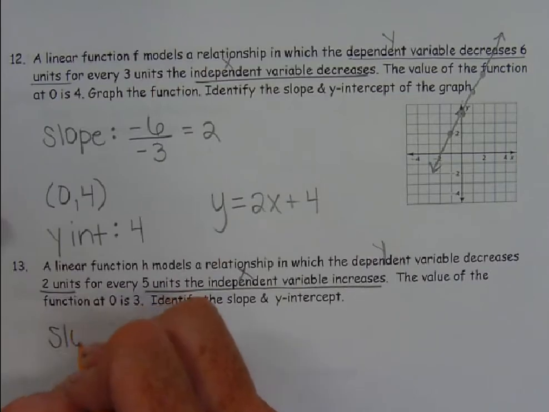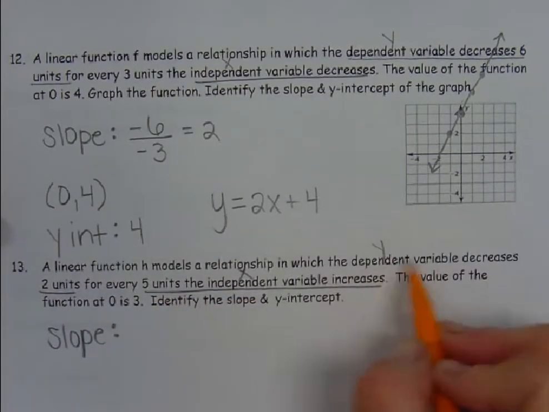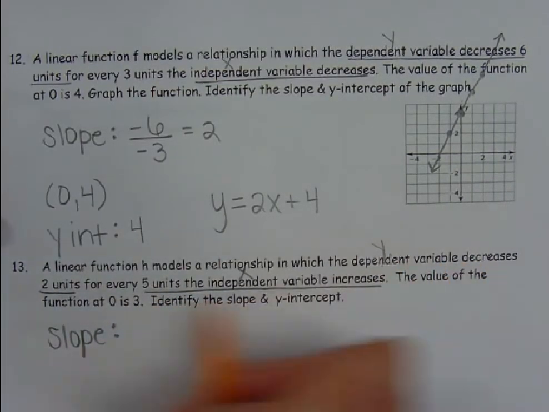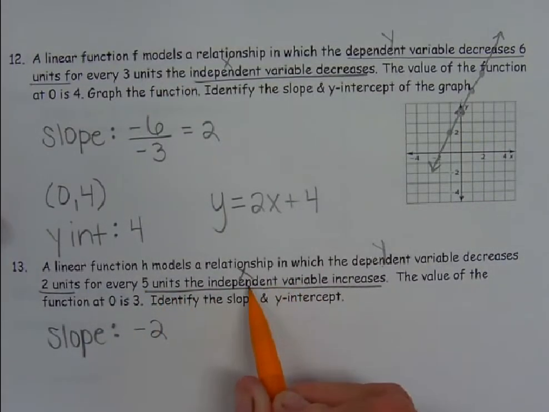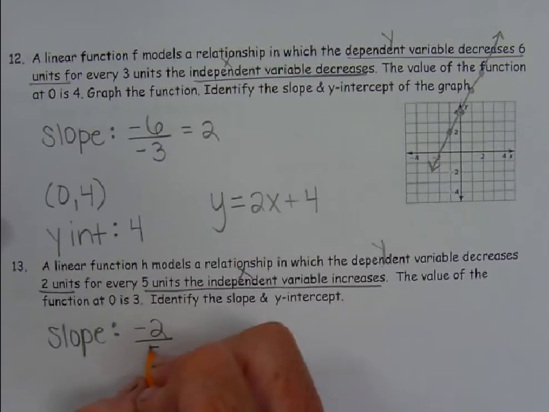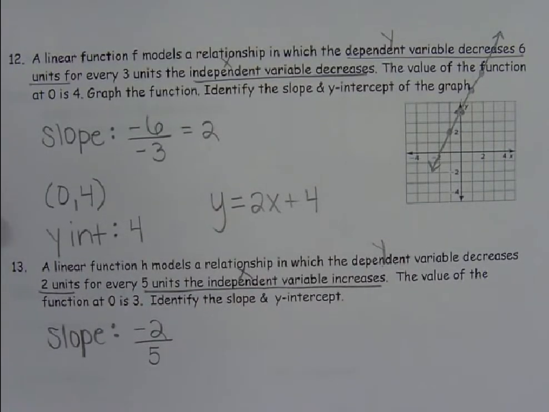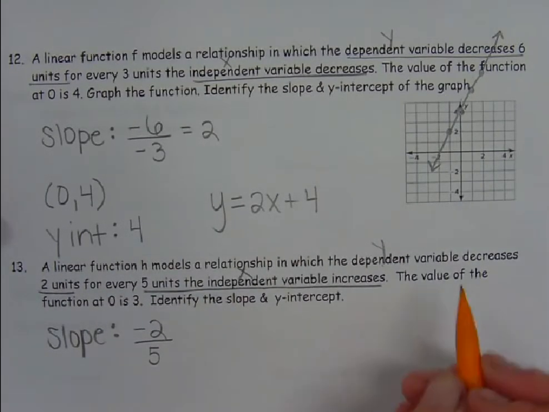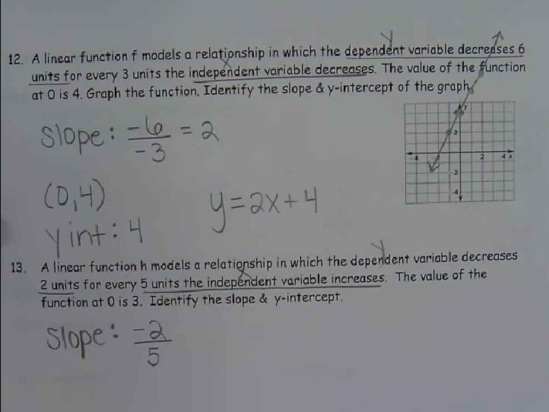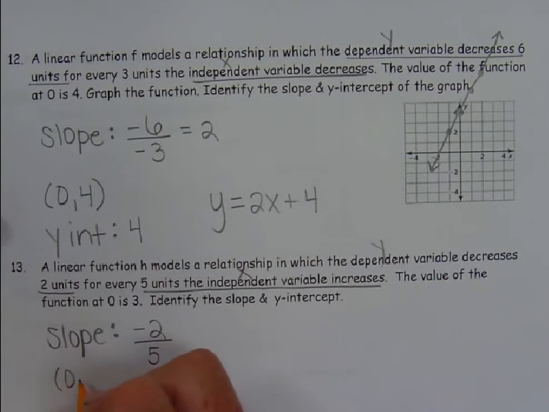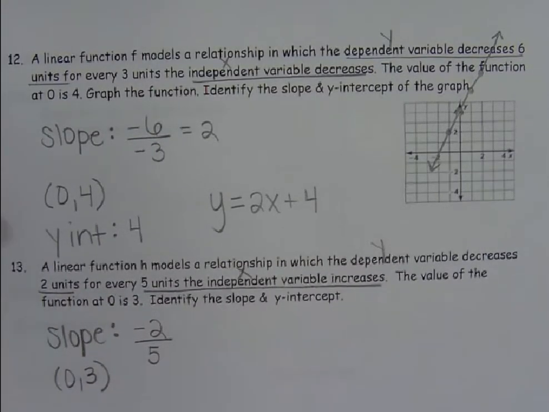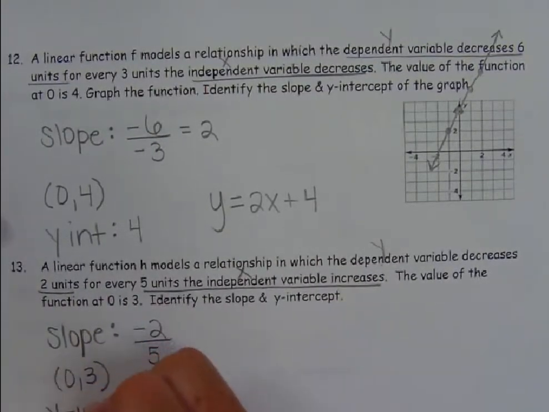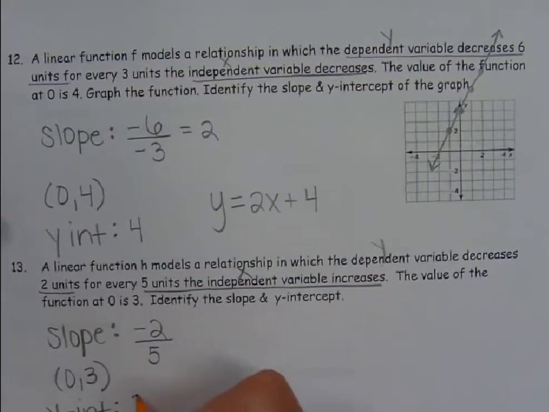So in order to get the slope, my y values, or dependent values, decrease by 2 for every 5 my independent, or x, increase. So my slope is going to be negative 2 over 5. The next thing, the value of the function at 0 is 3. So when x is 0, y is 3. That also gives you your y-intercept here to be 3.